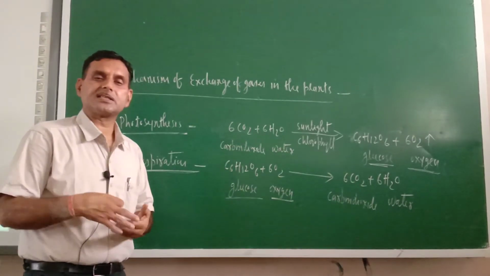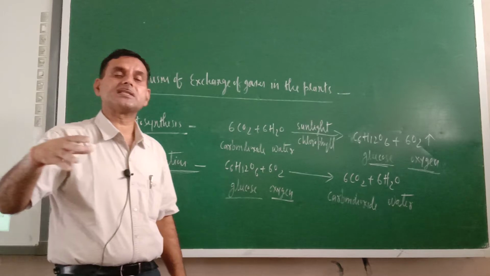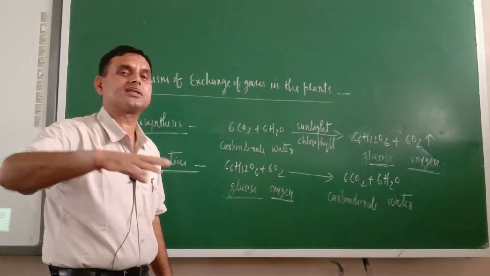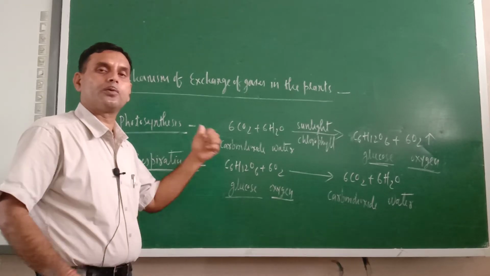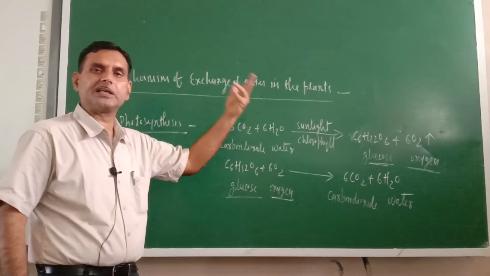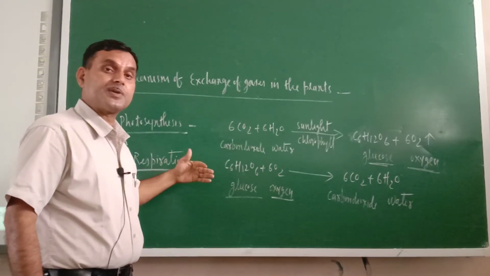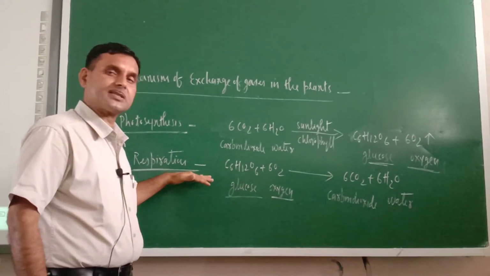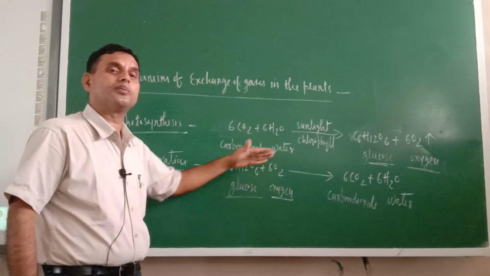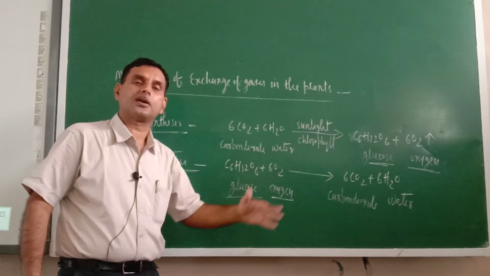So what we can say, exchange of gases means exchange of O2 and CO2, and both processes are occurring in the leaves only. In photosynthesis through leaves oxygen is released, and in respiration the same oxygen is consumed and carbon dioxide is evolved.